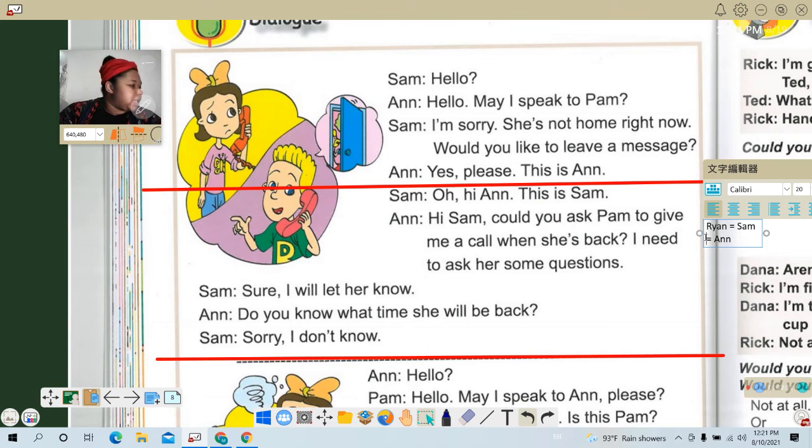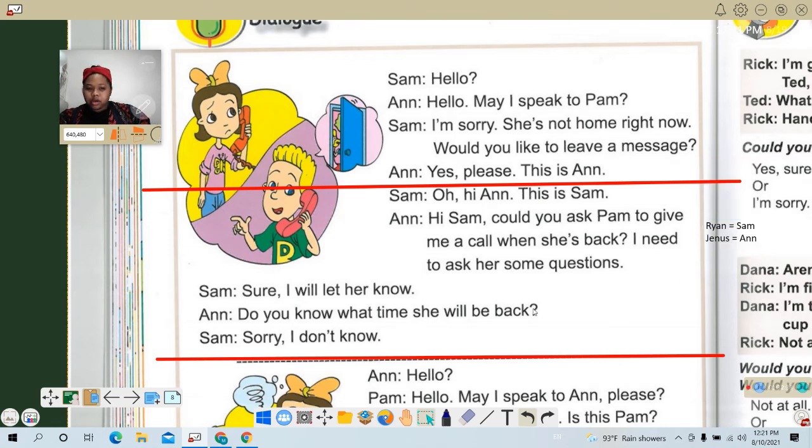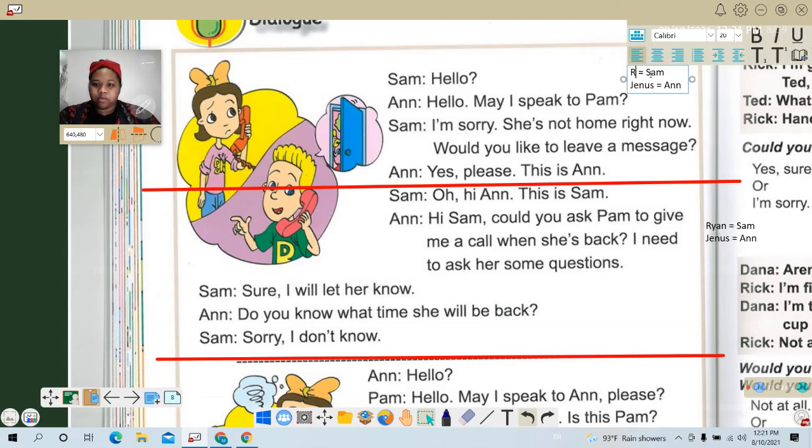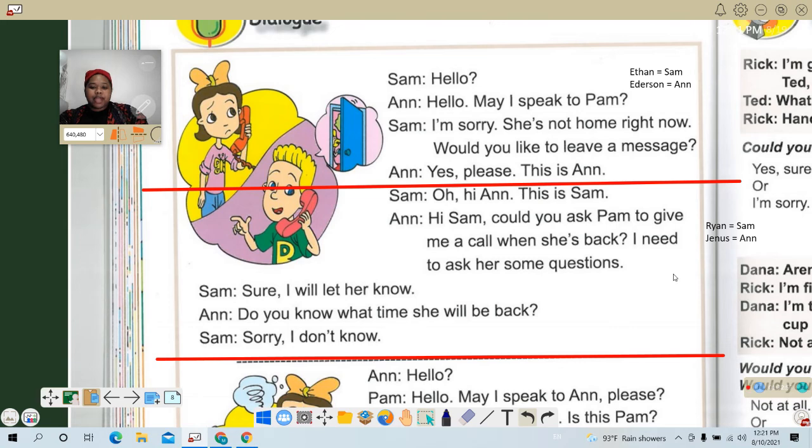And then here, let's have Janice. So let's have Ethan and Ederson. Ready? Ethan, Ederson, and then Ryan and Janice. 1, 2, 3. Start, Ethan.